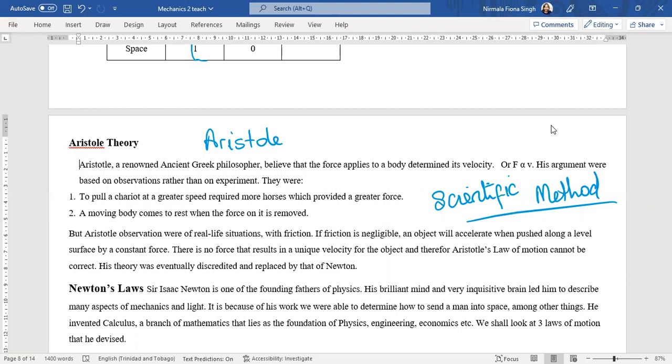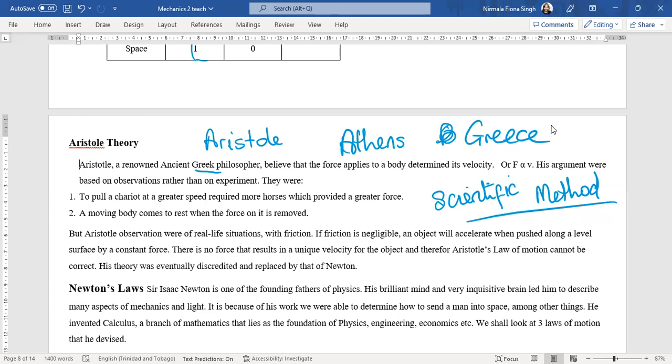Now, this is Greek philosophers, so that means he would have been in Athens, Greece, sorry, right? And what he looked at was that to pull a chariot at a greater speed required more horses, which required a greater force.